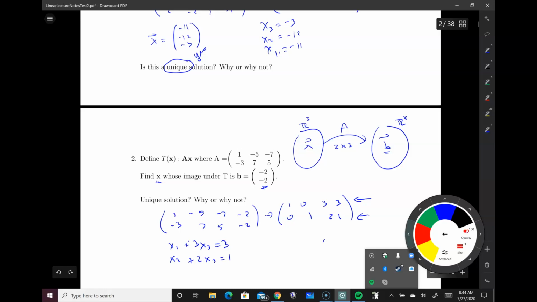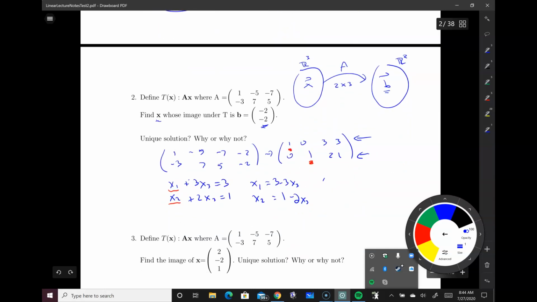Okay, so now remember, these are my pivot positions, so these are my basic variables that I want to solve for. So I want to solve for those two. So I get x1 is equal to 3 minus 3x3, and x2 is equal to 1 minus 2x3. And what do I know about x3? x3 is my free variable.